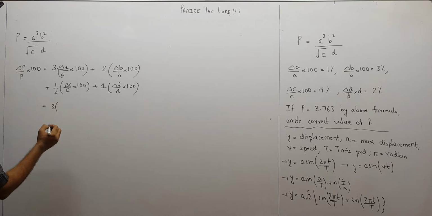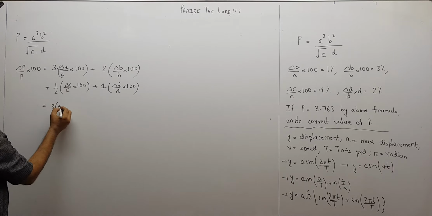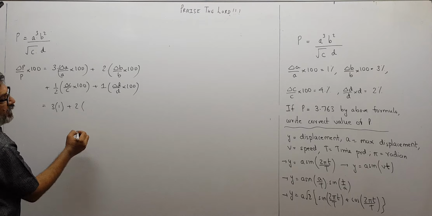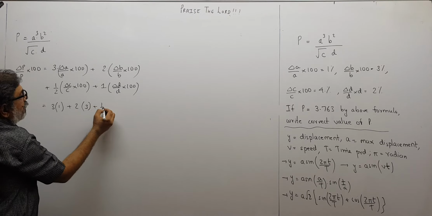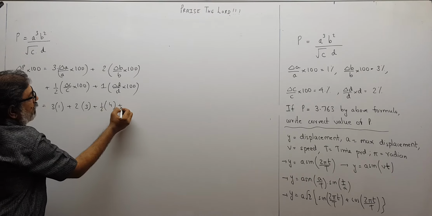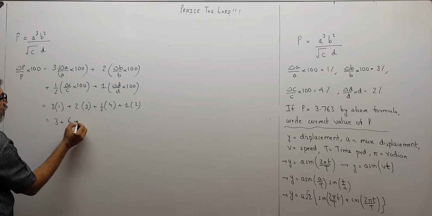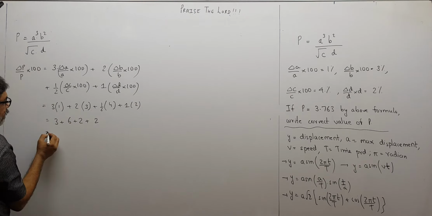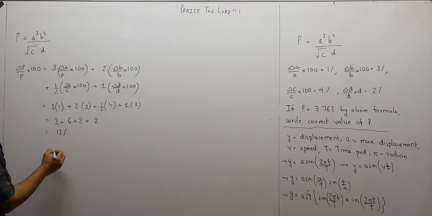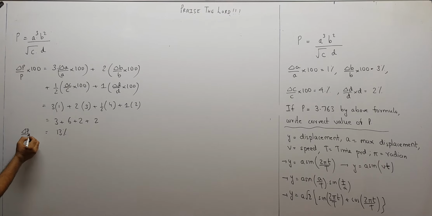So this becomes 3 into, what is percentage error in A? 1, plus 2, in B it is 3, plus half of 4, plus 1 into 2. So 3 plus 6 plus 2 plus 2, that is 13%. So the amount of percentage error has 2 significant digits.